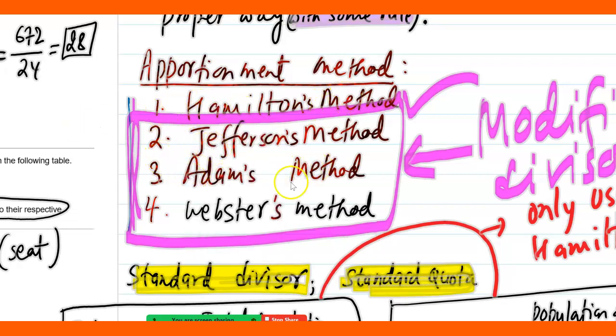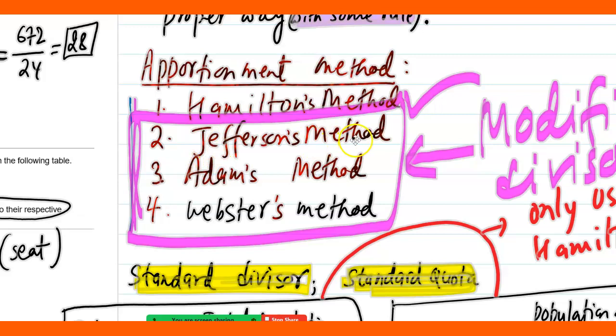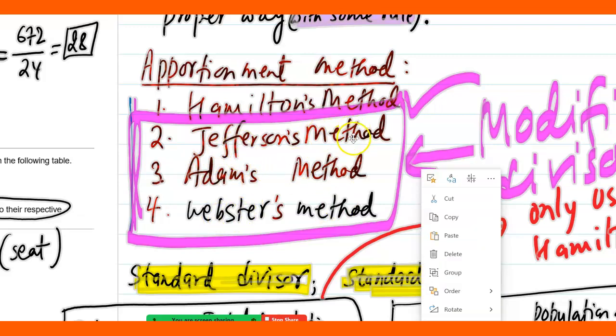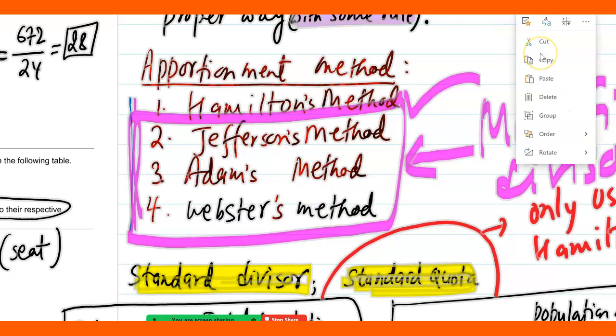Jefferson method, Adams method, Webster method, we use modified divisor. In Hamilton method, there is surplus. Jefferson method, Adams method, Webster method, no surplus. Sorry, Jefferson method, you round it down. Adams method, you round it up. Webster method, normal rounding. You guys see what I'm saying? That's what we understood so far in this section. All right, that's all about 13.3 apportionment method. Okay.